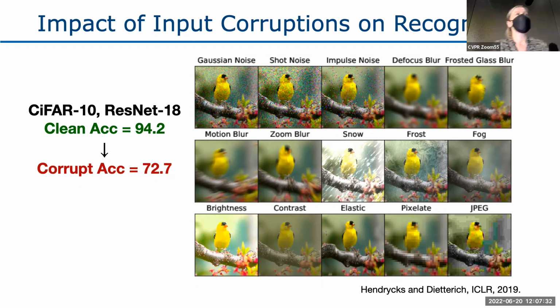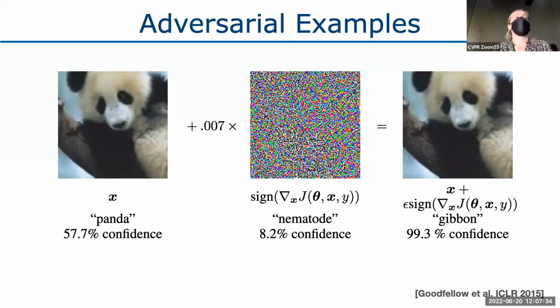And then, of course, at the extreme example, if you have a malicious actor in the loop, they have the ability to make minor perturbations to images that have dramatic impact on the results of your predictive performance.